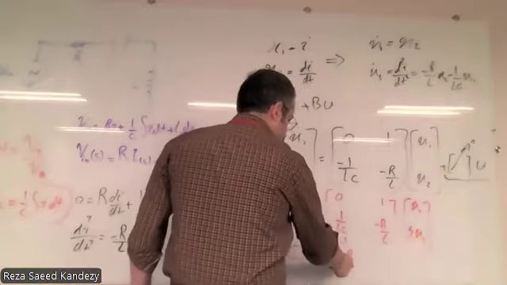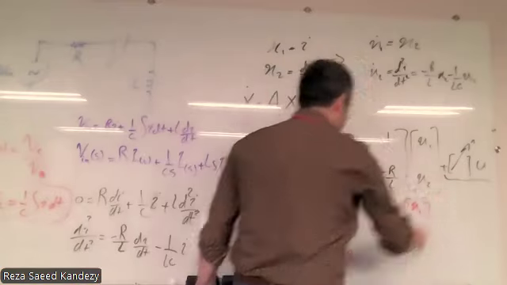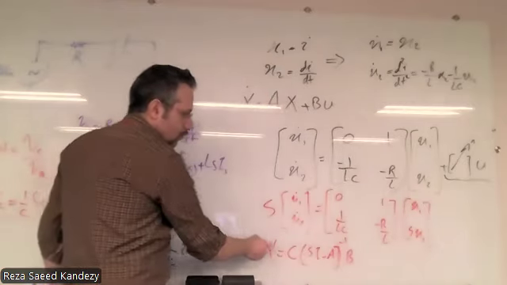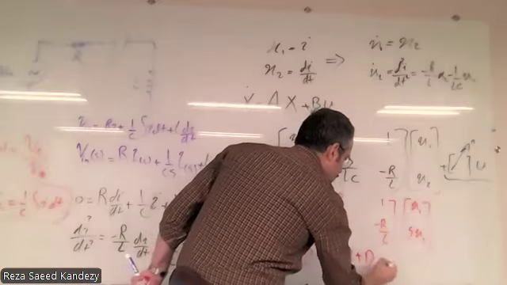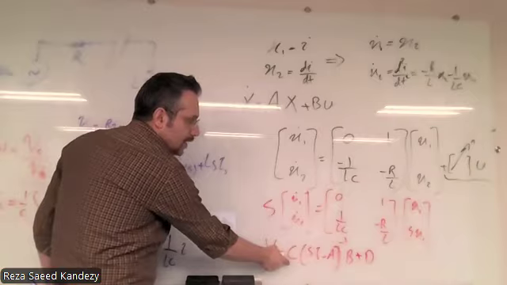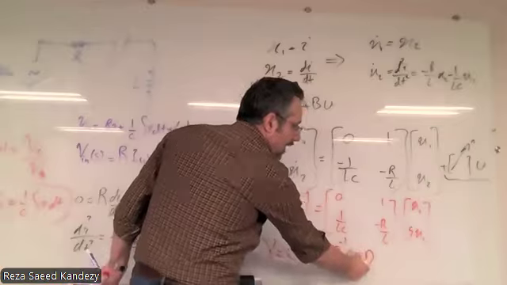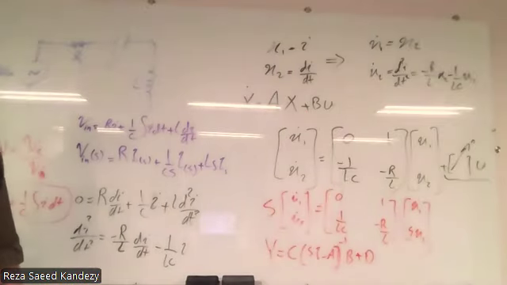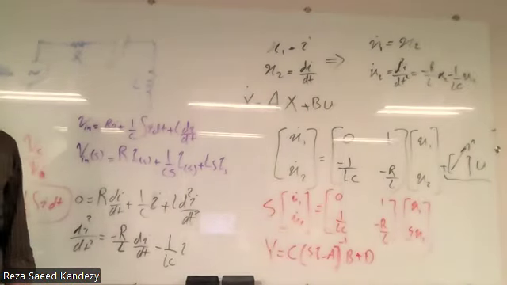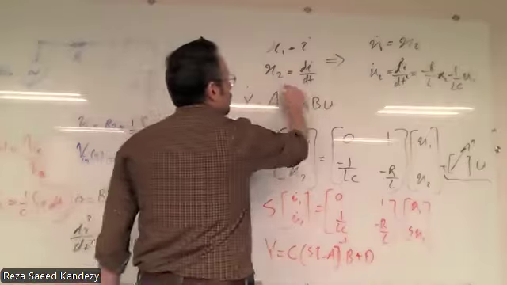B is 0. You have that. So Y is basically going to be whatever matrix we have for D in this specific case. Are we good? I just replaced this with the definition.